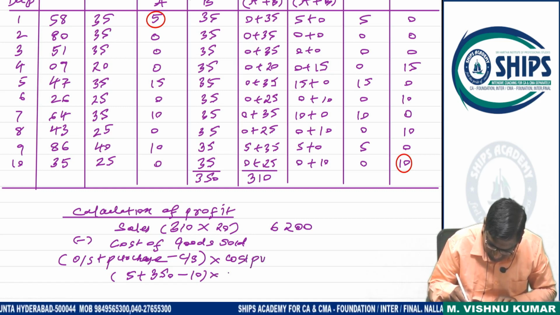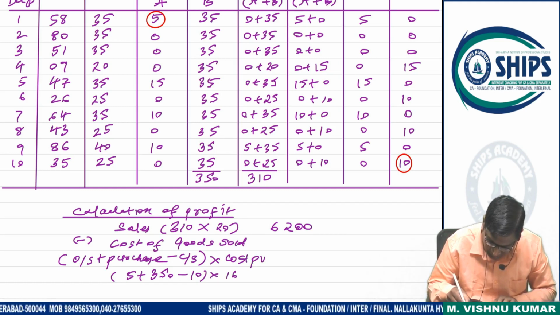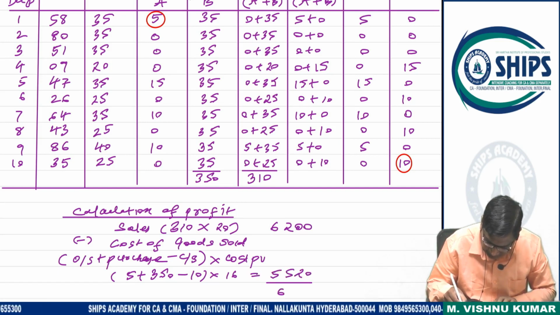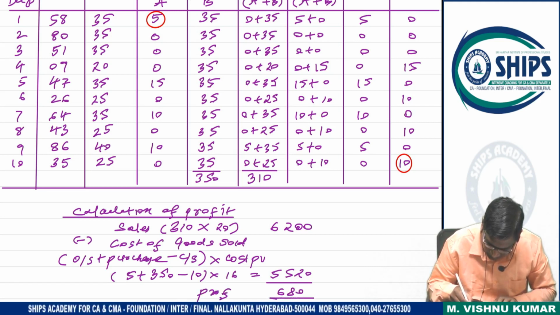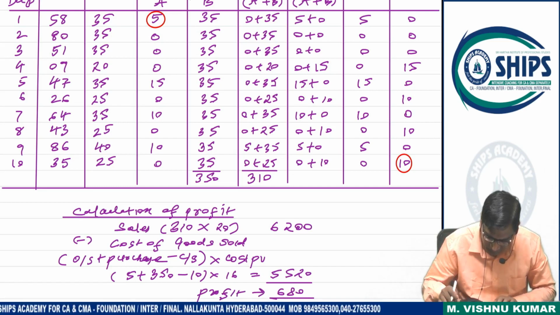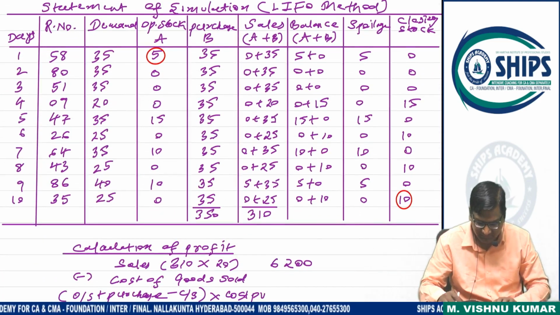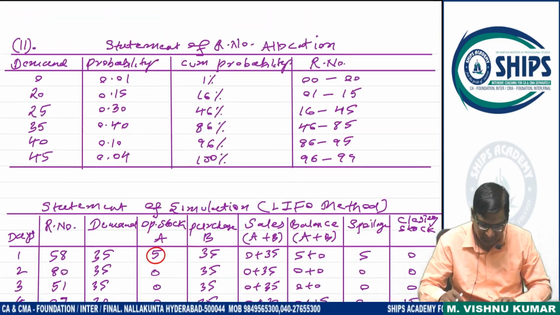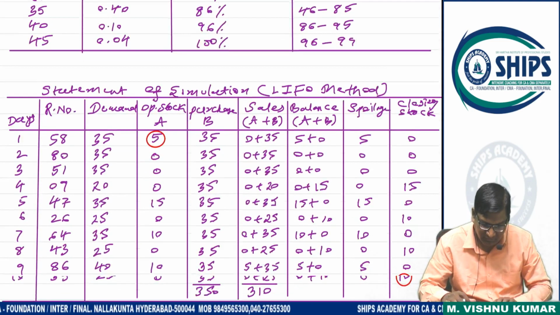So into 16. How much is it? 680. This is the profit. Sure, note this. First table completed, right?